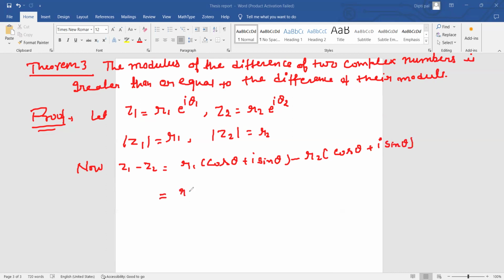We can write it as R1 cos theta 1 minus R2 cos theta 2 plus iota (R1 sin theta 1 minus R2 sin theta 2).